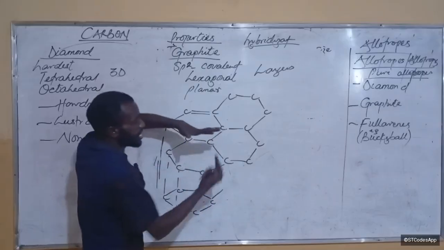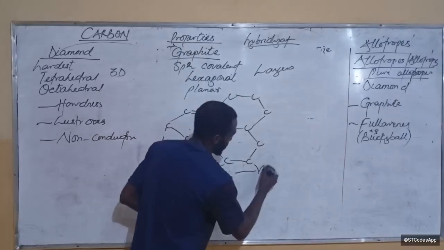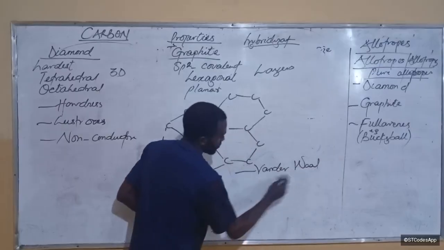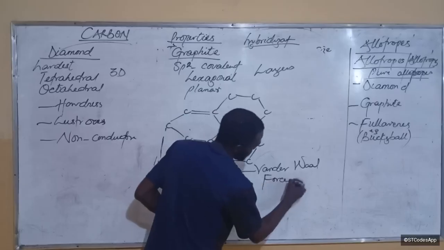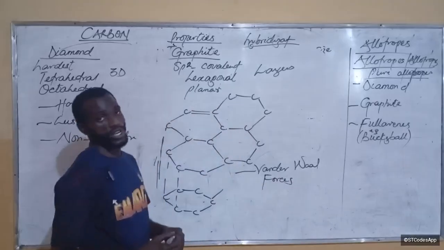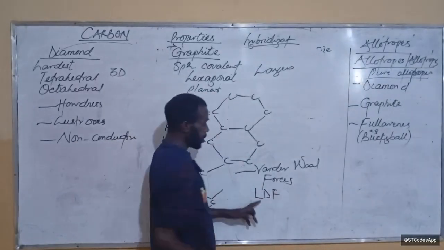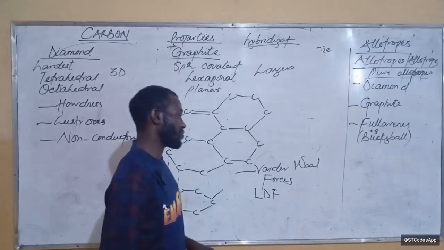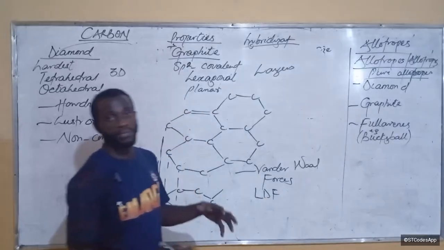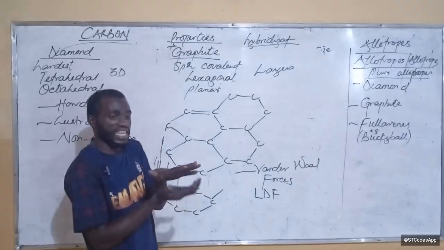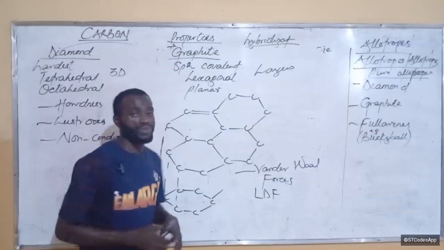In between them, we have van der Waals forces. And what do you know of van der Waals forces? Van der Waals forces are very weak forces of attraction, right? We call them London dispersion forces. Van der Waals forces are what put the layers together, and that's why it's easy to break the layers.